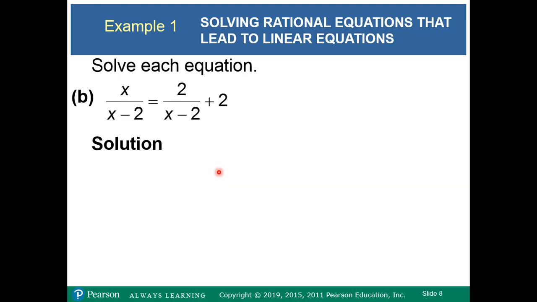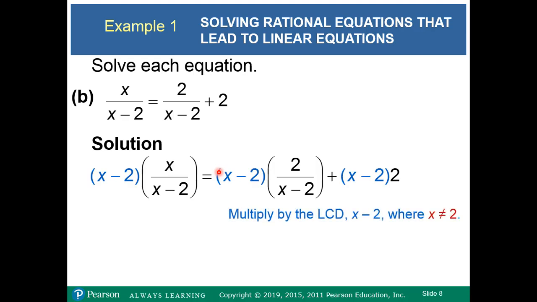Okay, what about this one? Well, here we're going to multiply by the lowest common denominator, which is x minus 2. And so if we multiply everything by x minus 2, then we're going to get x is equal to 2 plus 2 times the quantity x minus 2.